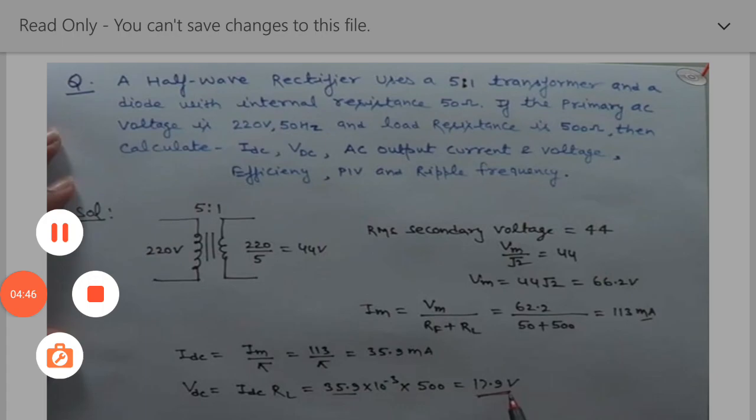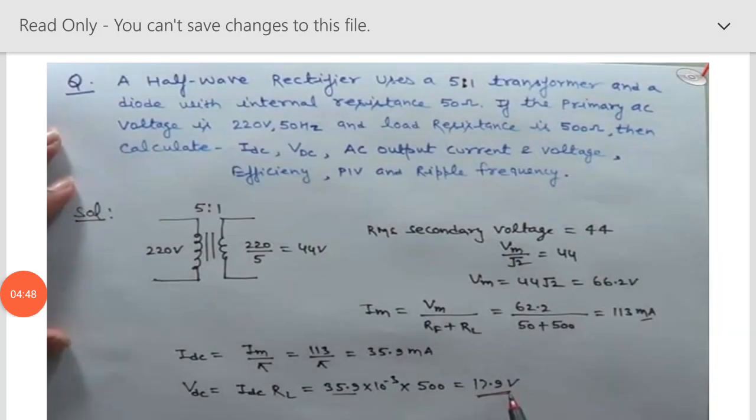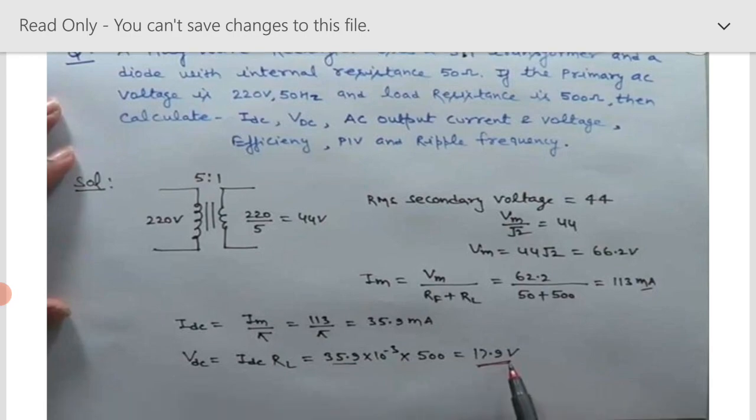The RMS secondary voltage is equal to 44 volt. Vm by root 2 is equal to 44, so Vm is equal to 44 root 2. Vm is obtained as 62.2 volt. Im is equal to Vm upon Rf plus RL, that is 62.2 upon 50 plus 500, which is 113 milliampere.